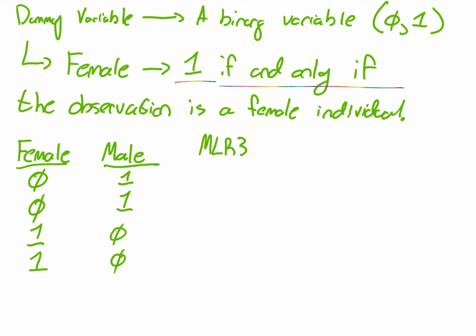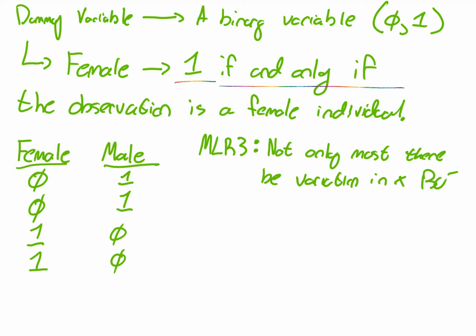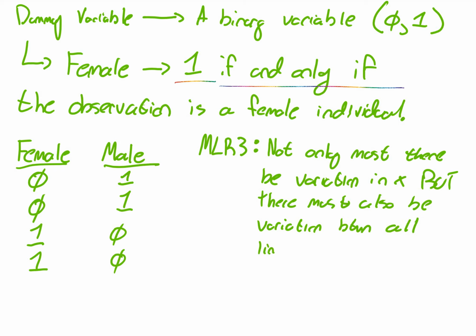Remember we made a bunch of assumptions, and this is a complete paraphrasing on my part, but for MLR3, we said not only must there be variation in X, but there must also be variation between all linear combinations of X.